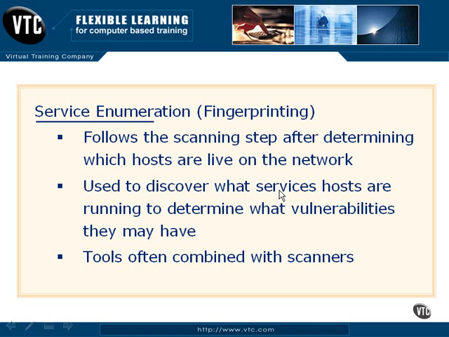We discover that it is running an IIS 5.0 server on port 80. Again, probably picked up by either scanning or service enumeration. By understanding that, we now know that we have a web server, obviously. We have an open port, port 80. We have a vulnerable service that is running on that system. IIS 5.0 has hundreds and hundreds of vulnerabilities that could potentially be exploited.